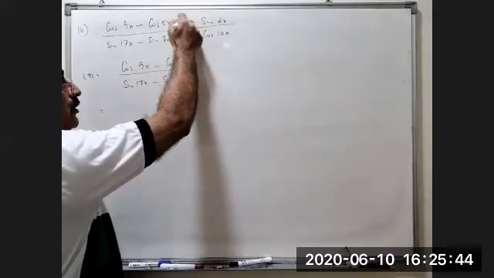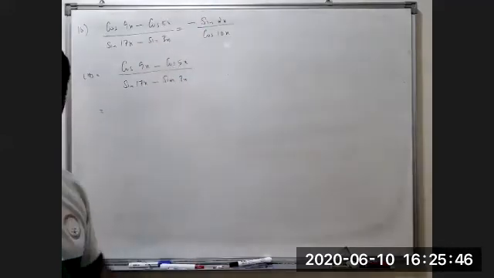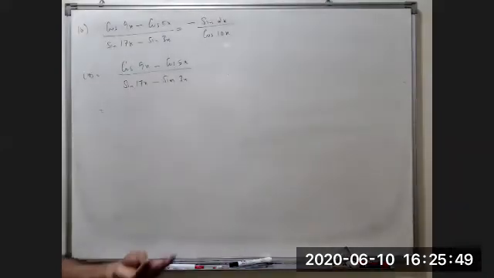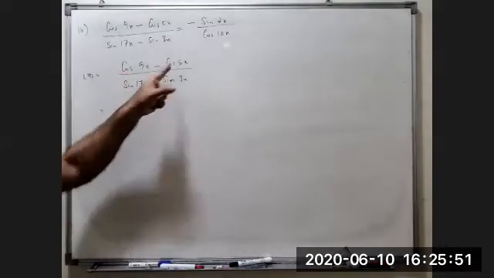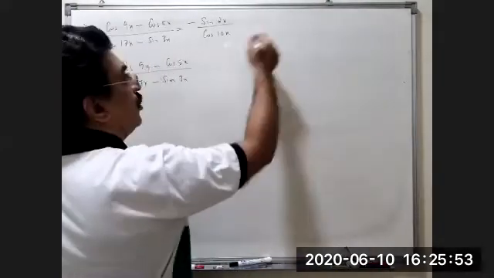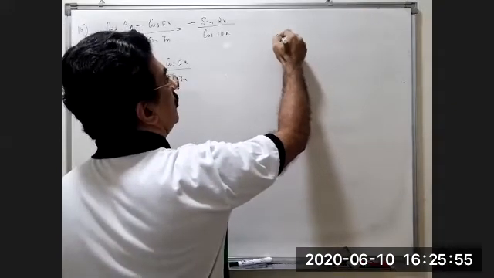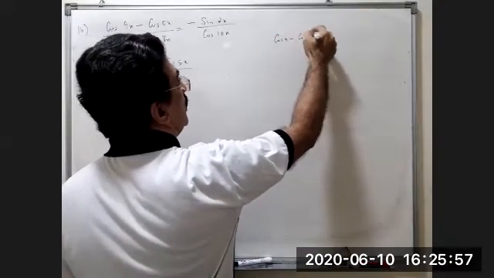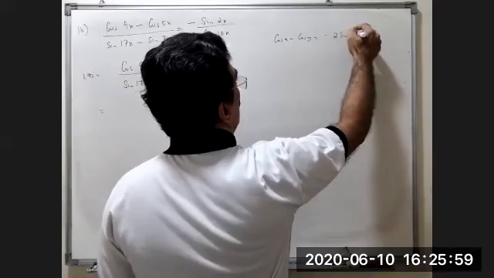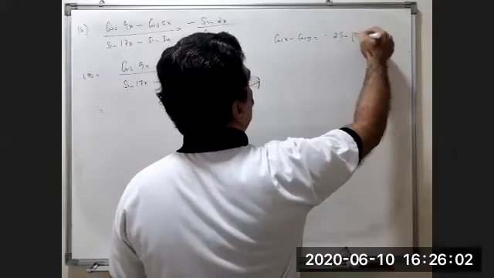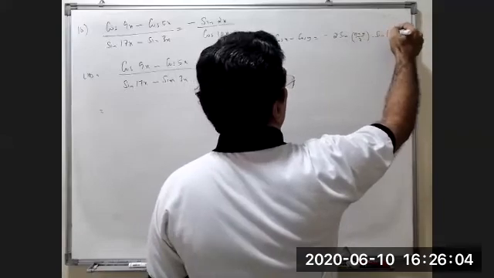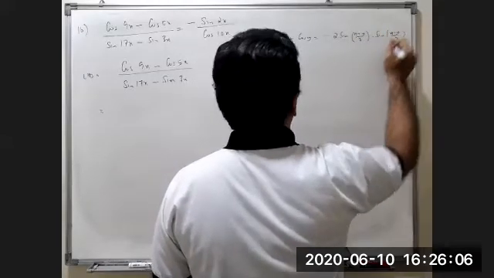The only formulas which can be used: we know the formula for cos x minus cos y. Cos x minus cos y is minus 2 sin of x plus y by 2 into sin of x minus y by 2.